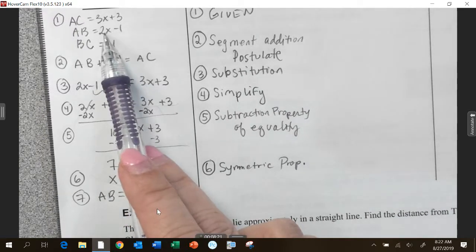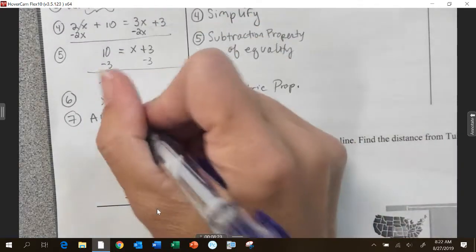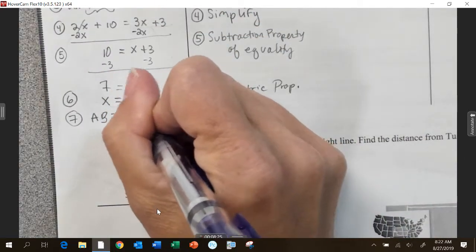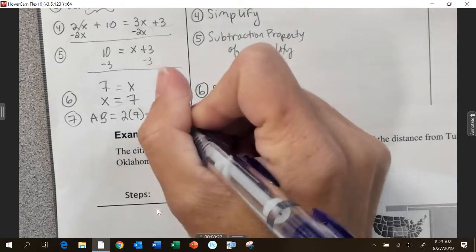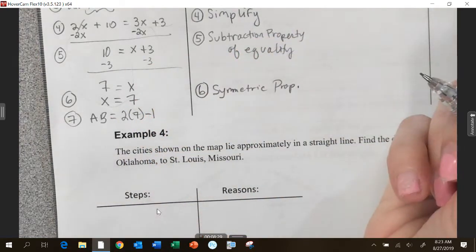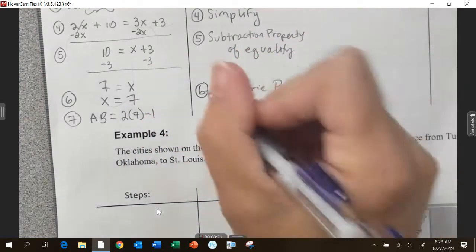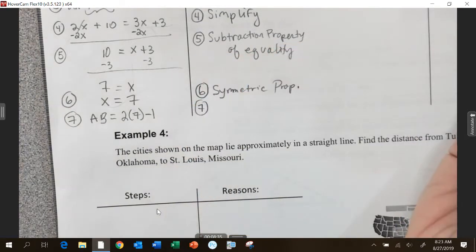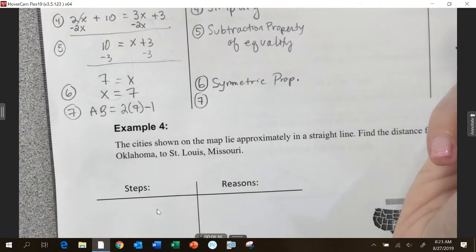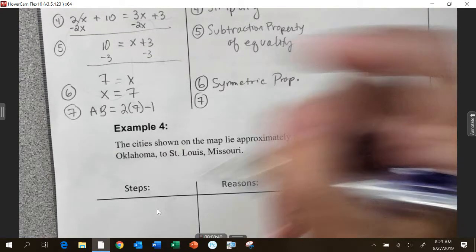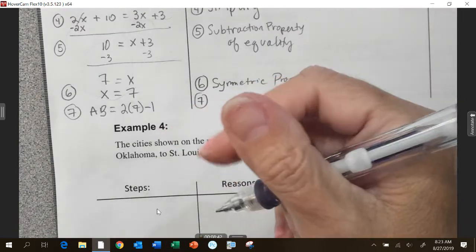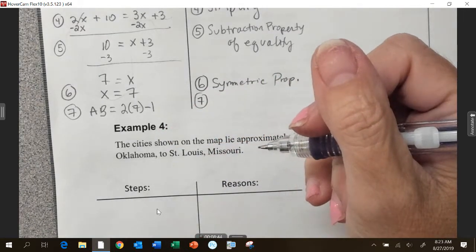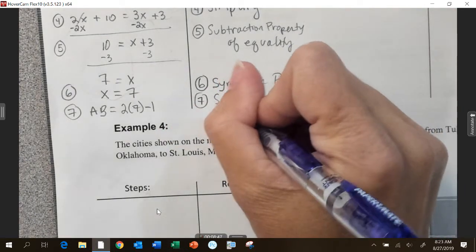Plug it in. I'm going to do 2 times 7 minus 1. And that is going to be what property? Or thing? What reason? Why am I allowed to take out x and put in 7? That's a substitution. Yep.